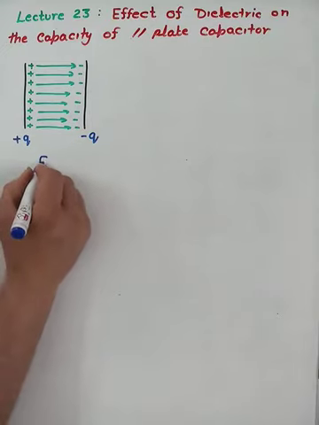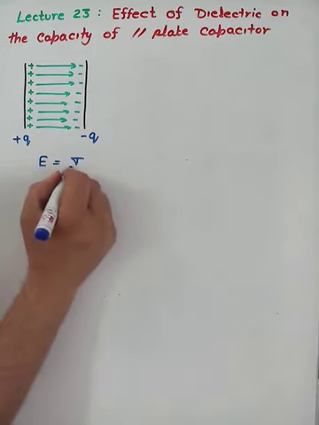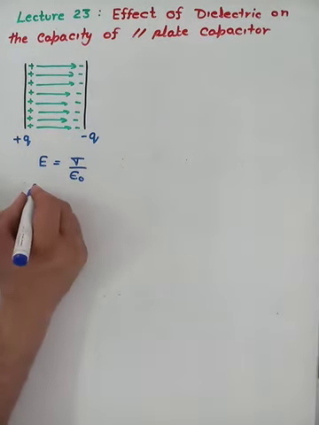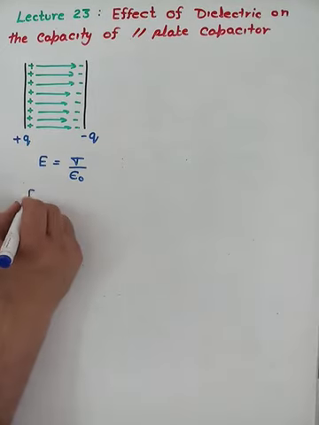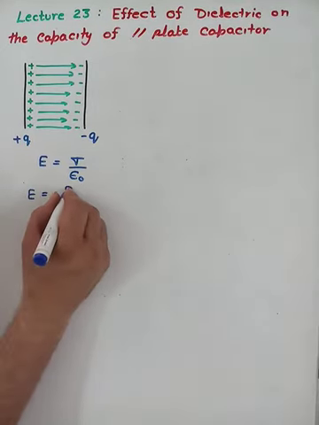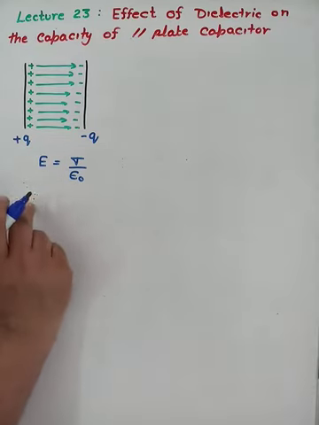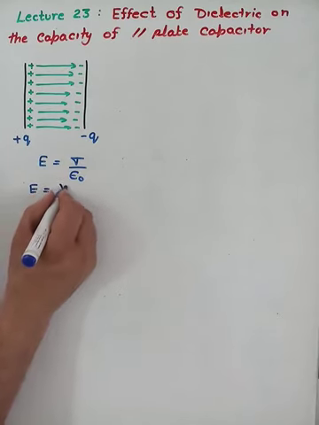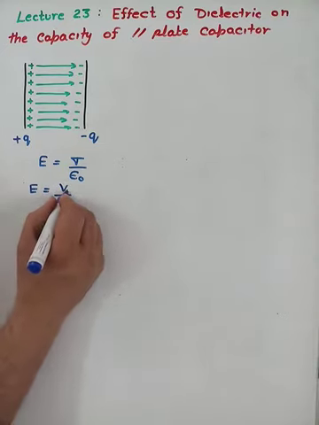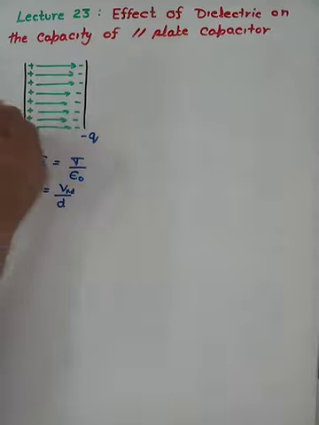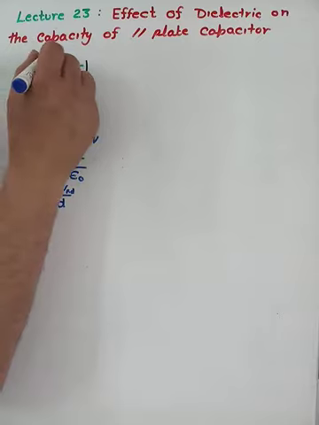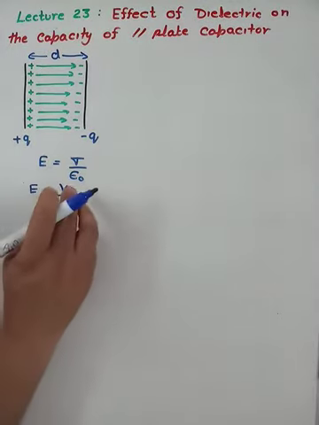Electric field is given as E equals sigma upon epsilon naught, or E is equal to Q upon A epsilon naught, or we can write E equals V by D. V is the potential difference between the two plates if we connect it with a battery, and D is the distance between the two plates.